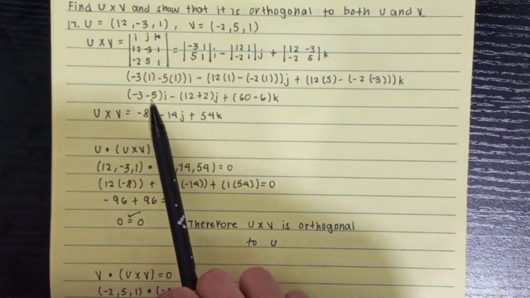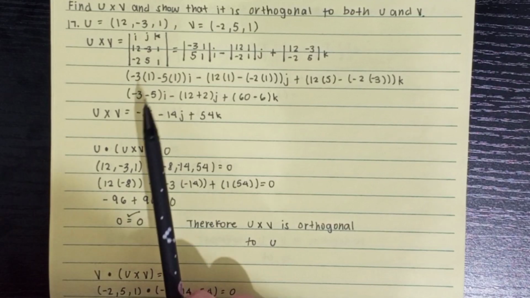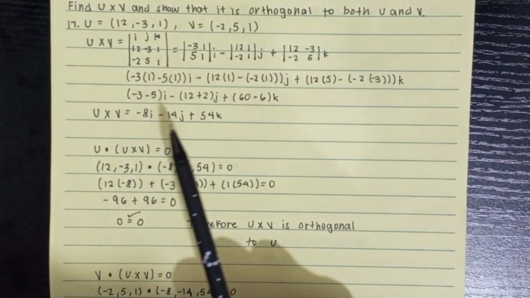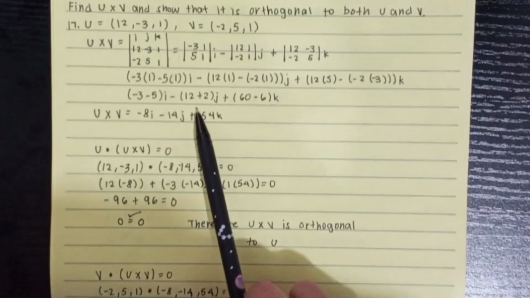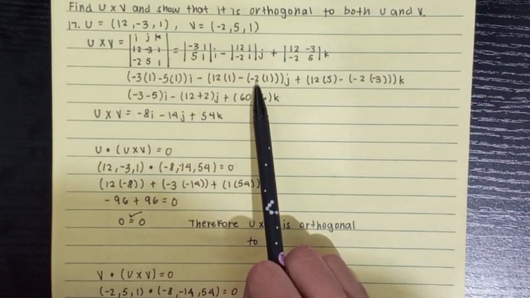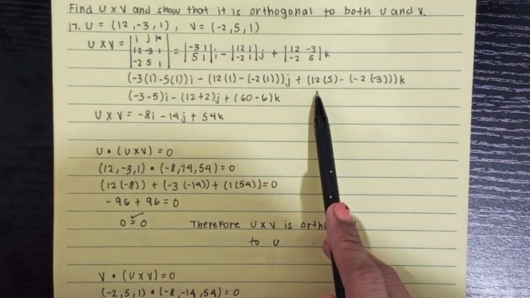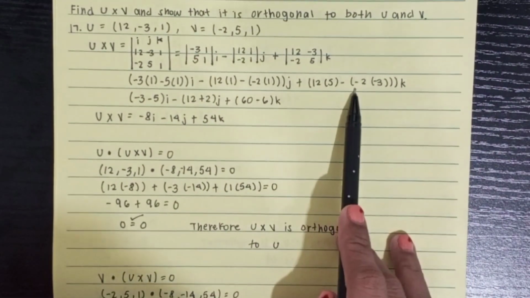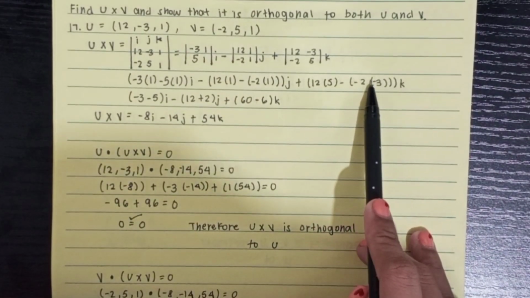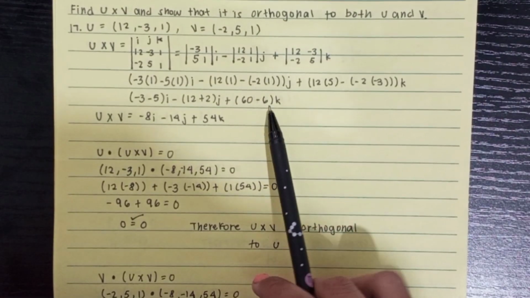-3 times 1 is -3 minus to 5 times 1 equals to -5i. Minus 12 times 1 is equals to 12, plus to the -2 times 1 j, plus 12 times 5 is equals to 60 minus -2 times -3 is equals to -6k.